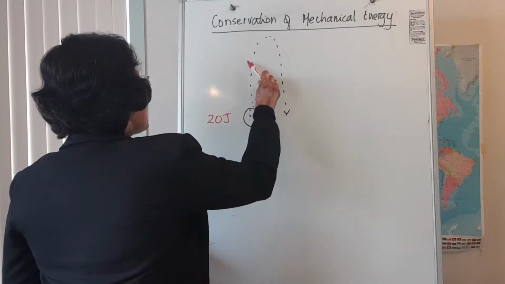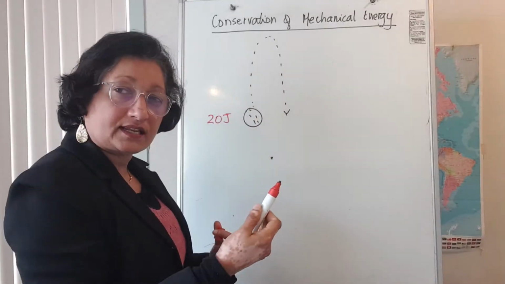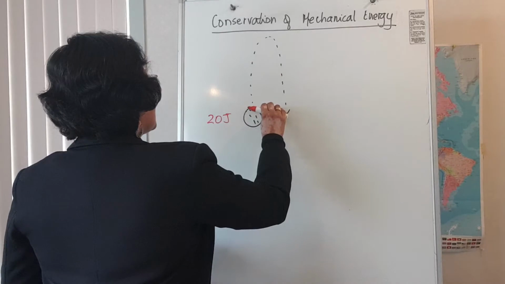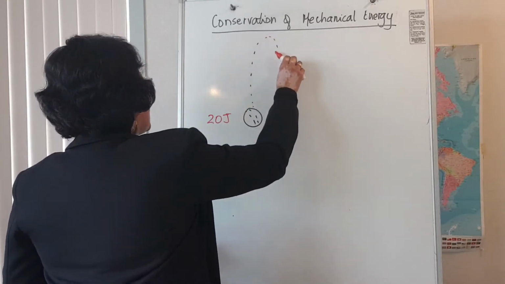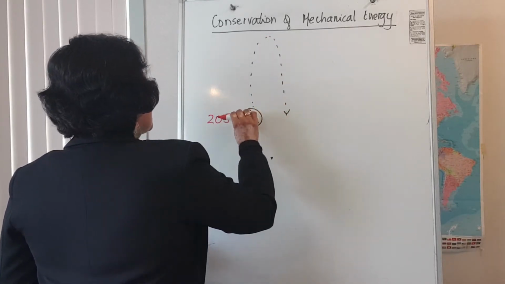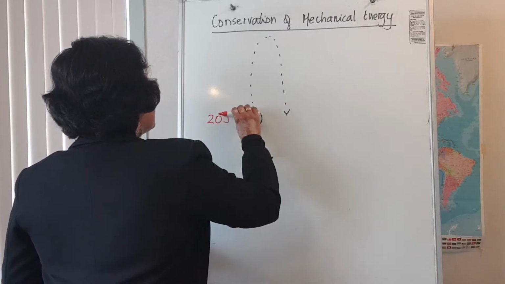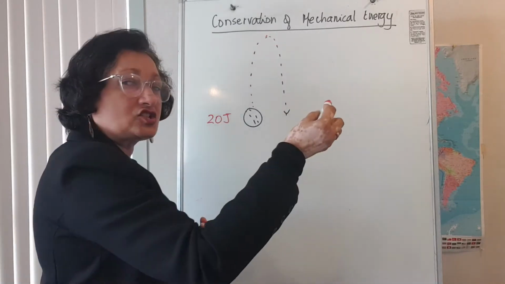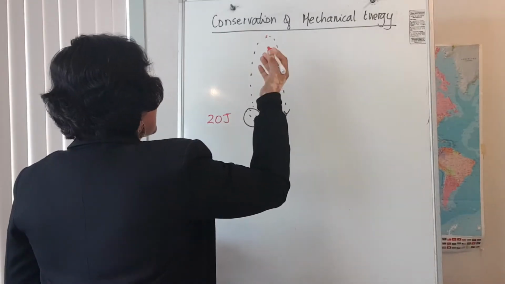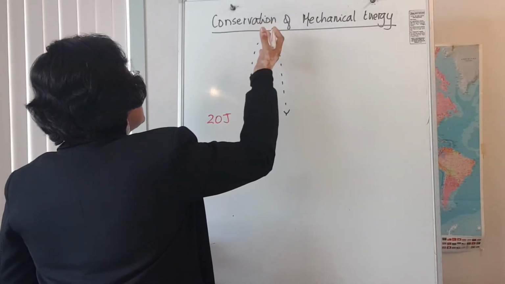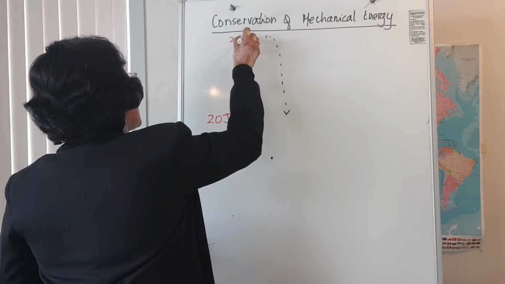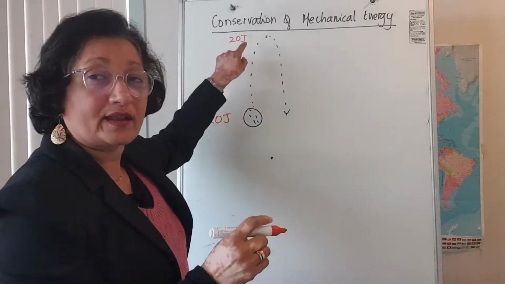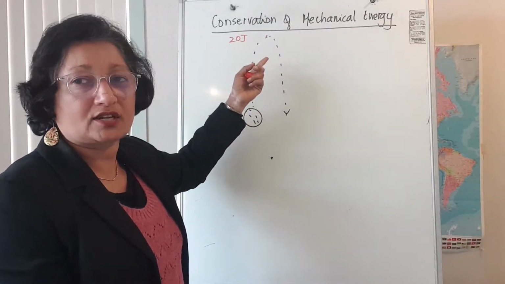Provided no energy is lost in any other forms, at all times the total energy will be 20 joules. When it reaches the top, it no longer has any kinetic energy because it's no longer going any higher, but all the energy will be gravitational potential energy, 20 joules of it.